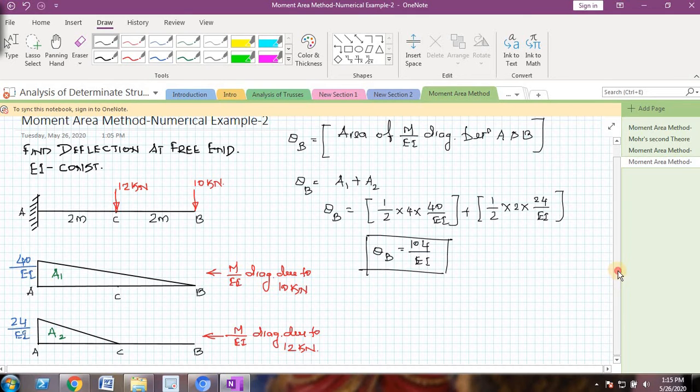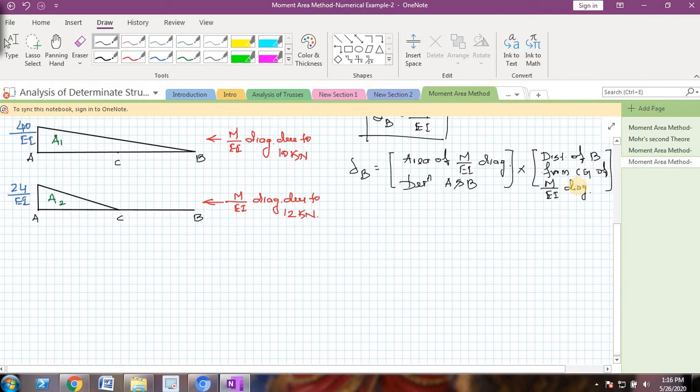Now to find the deflection, we need to write something like this. The deflection at the free end, delta B, is equal to the area of the M by EI diagram between A and B multiplied by the distance of point B, because we are measuring the deflection at point B, from the CG of the M by EI diagram. Since we have two M by EI diagrams, we need two terms here.